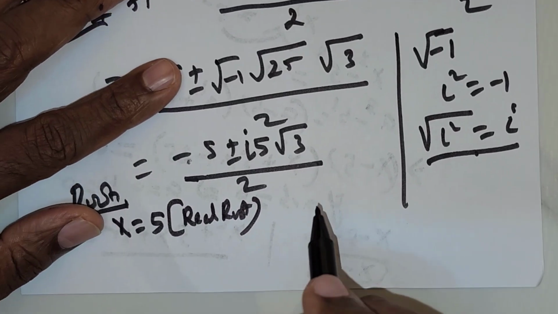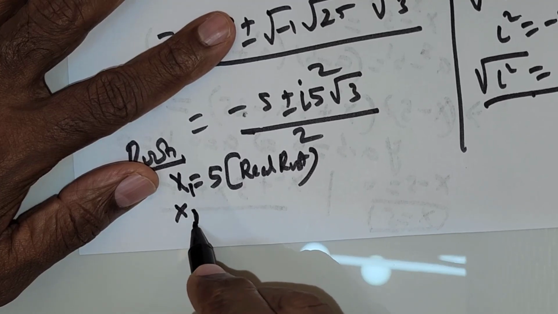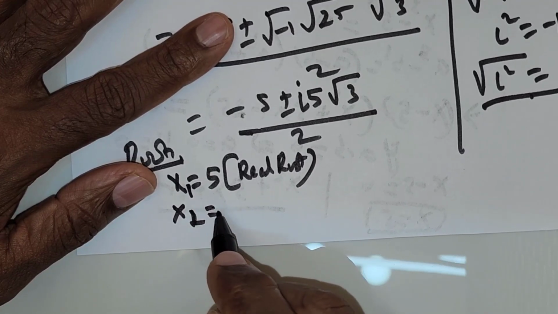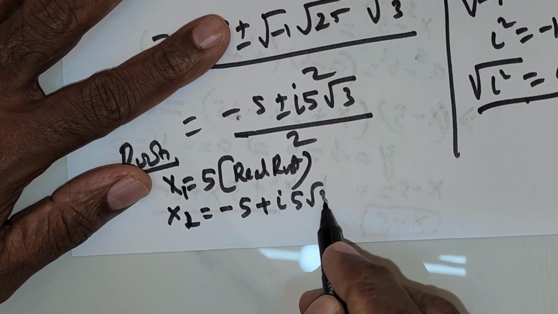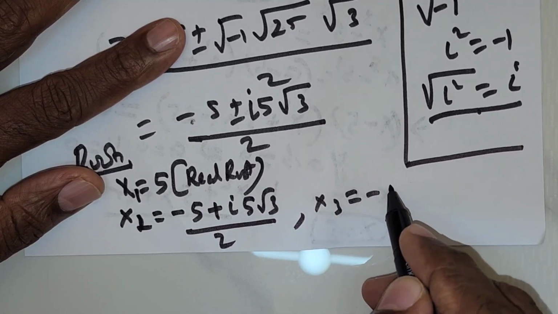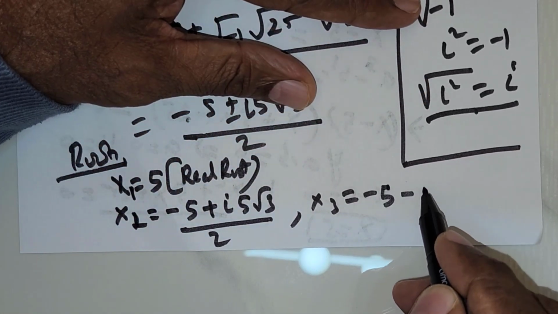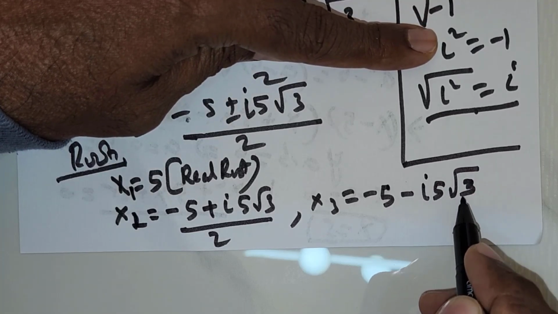These are all complex roots. So probably you can write here x1 and write here x2. x2 is equal to negative 5 plus i times 5 into root of 3 divided by 2, and x3 is equal to negative 5 minus i times 5 times the root of 3 divided by 2.